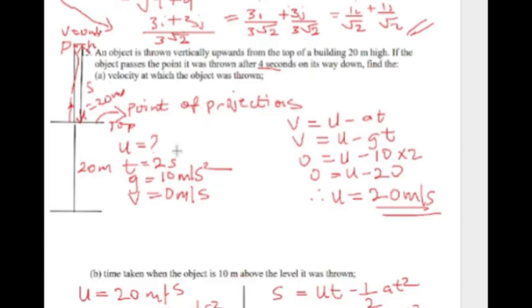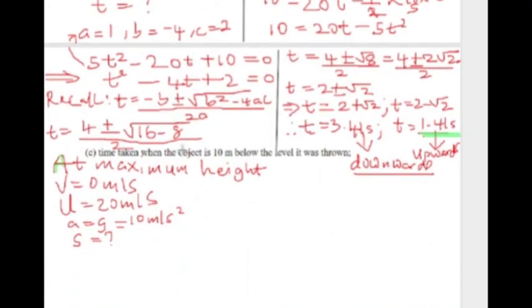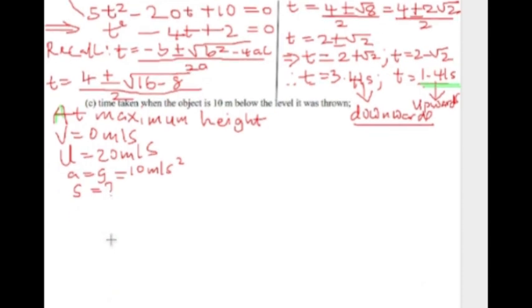Okay, so we get back here. We can recall that v square is equals to u square minus 2as. Already the final velocity is 0, so this is basically 2ax is equals to u square.